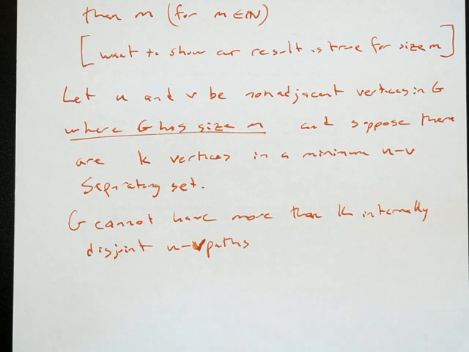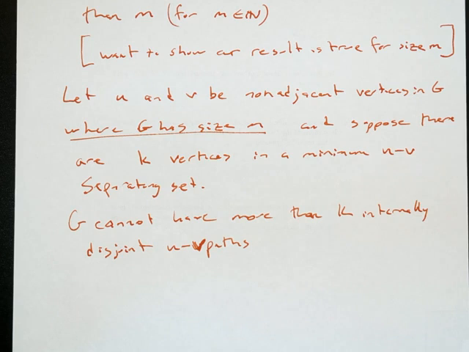Yeah, why do I know it can't have more than k internally disjoint UV paths if I have a k-sized separating set? Suppose there was one more path.